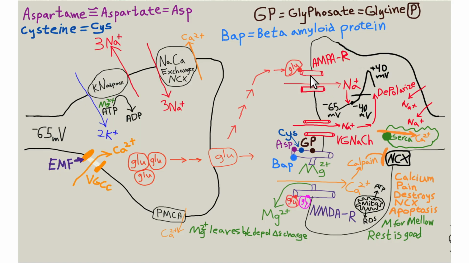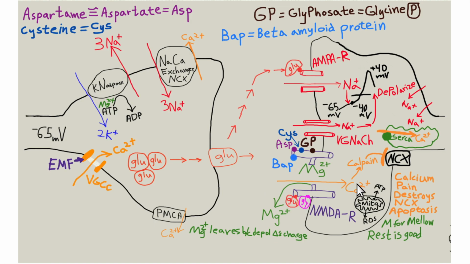It first opens up the AMPA channels for sodium. That depolarizes the cell, making its membrane potential more positive. When its membrane potential becomes more positive, the magnesium that had been sitting in the NMDA receptor is now going to pop out of there because there's no longer a highly negative charge for its 2+ charge to be attracted to. And now calcium can flow through here.